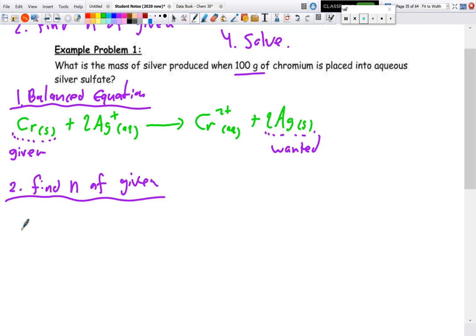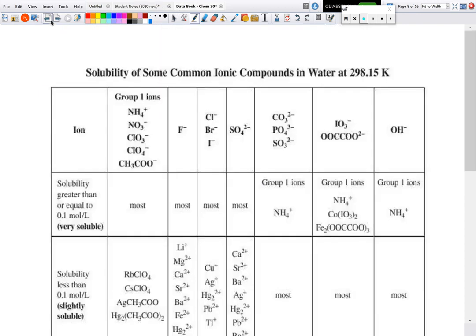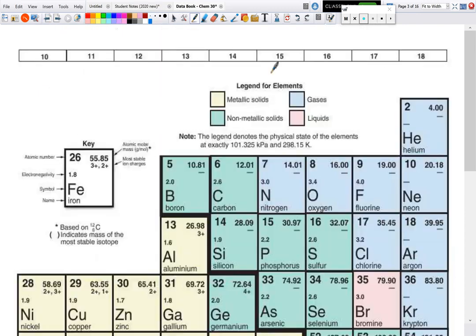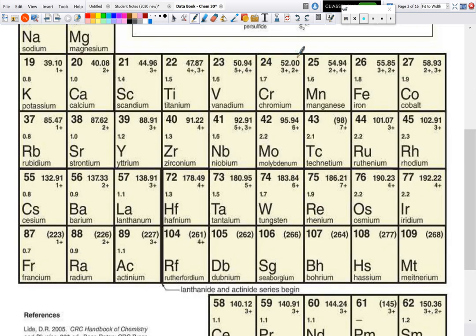So our step 2 is to find the number of moles of our given. Because we are given a mass, the number of moles of chromium is equal to the mass of chromium divided by the molar mass of chromium. The mass given was 100 grams. You can check your periodic table to find the molar mass of chromium is 52.00 grams per mole. If you go to your data booklet, go back a few pages to the first little bit, and chromium is right here.